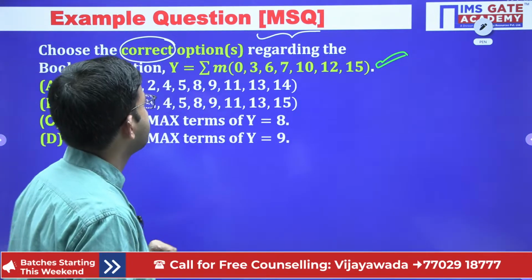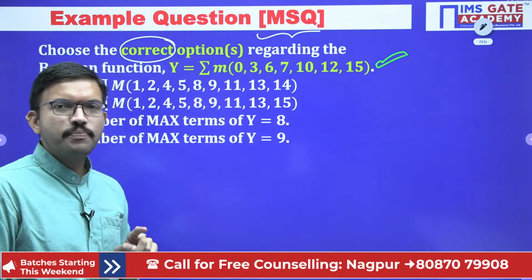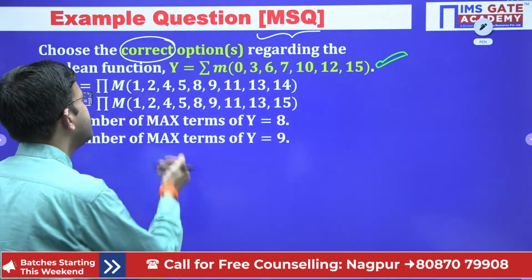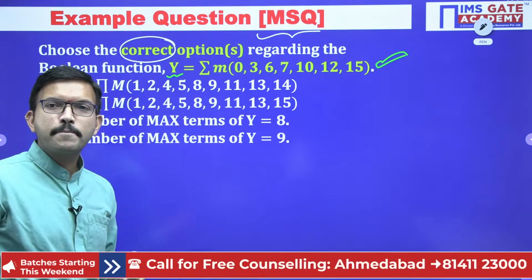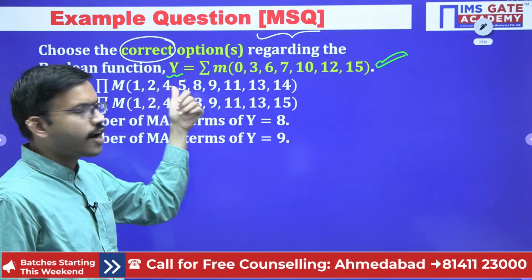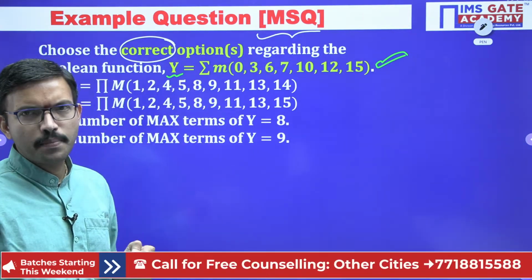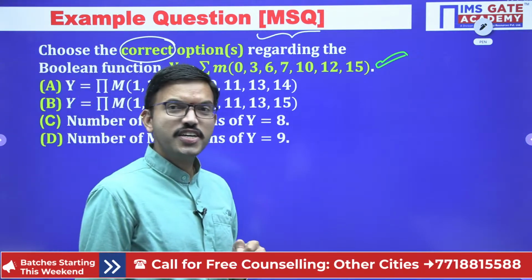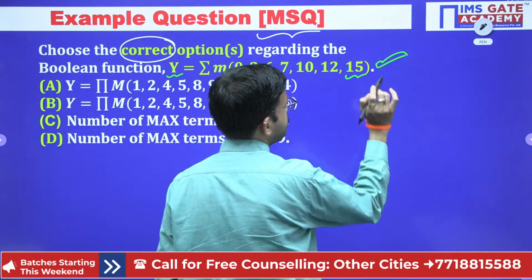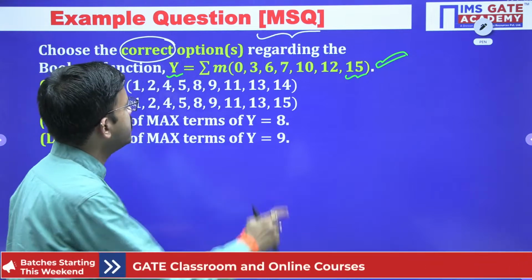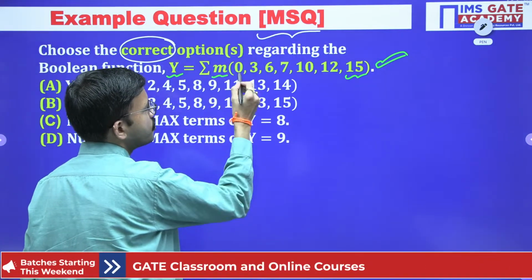Okay, now you might be having one doubt that here y is the function mentioned, but it is not mentioned how many variable function it is. But you can guess easily from here. Here you are having min terms, the min term numbers.